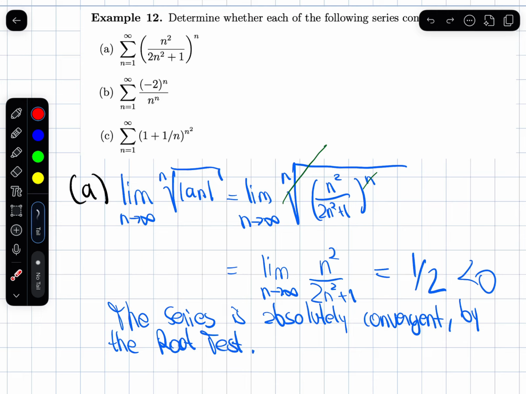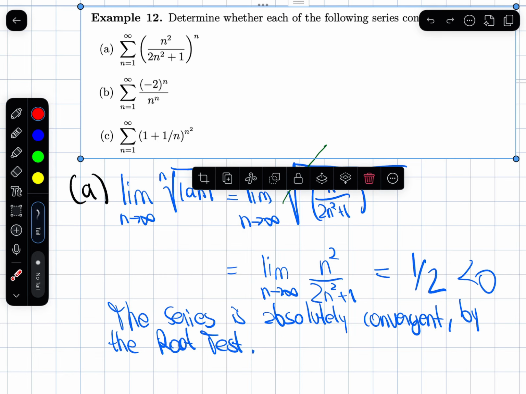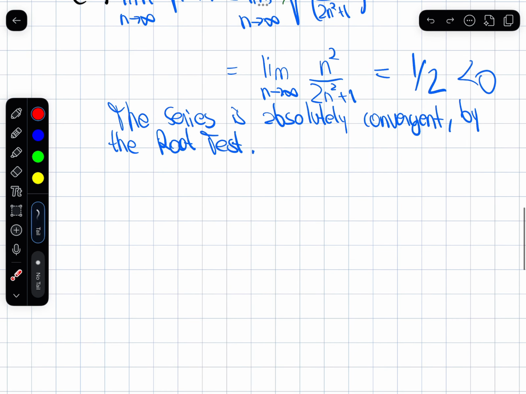On the test for divergence, you take the limit of the thing as it is, and the thing as it is doesn't have a limit of 1/2. The thing as it is has this power of n. It will be 1/2 to the power of n approximately, and that will go to 0. So the test for divergence is inconclusive here, but the root test is not. It tells me that the series does in fact converge.